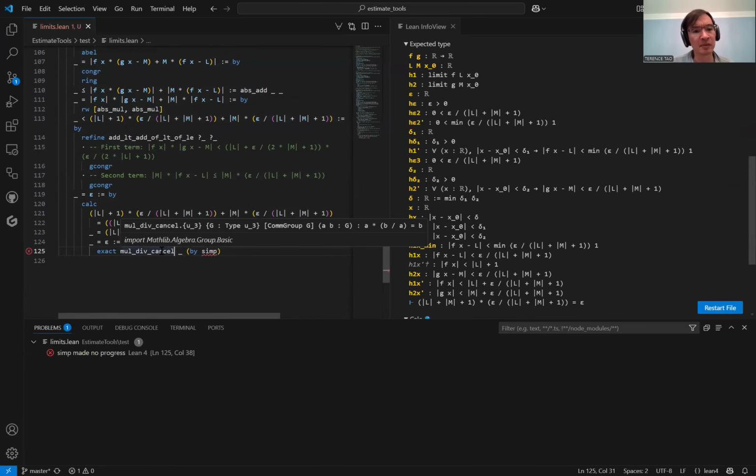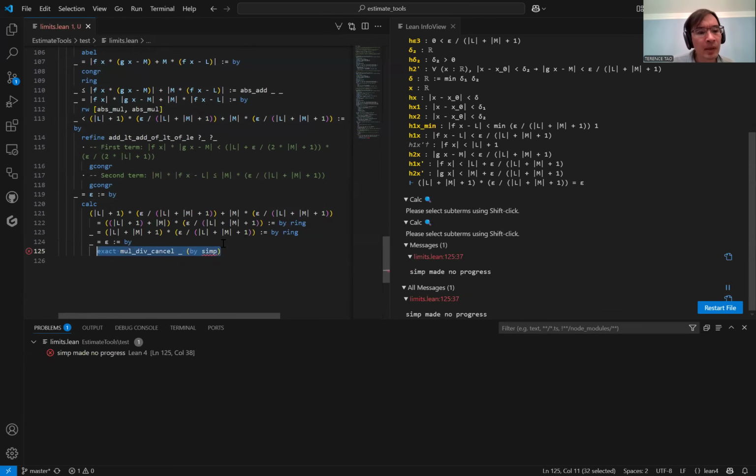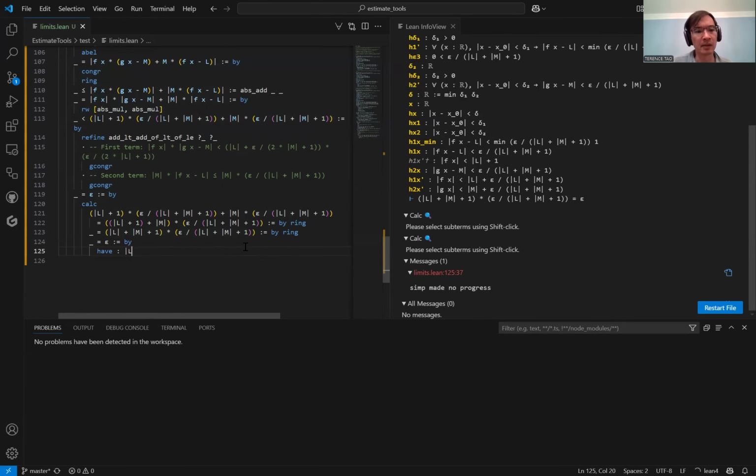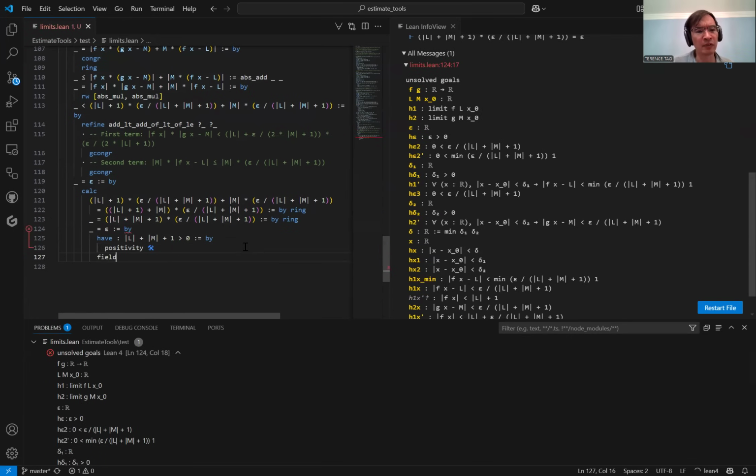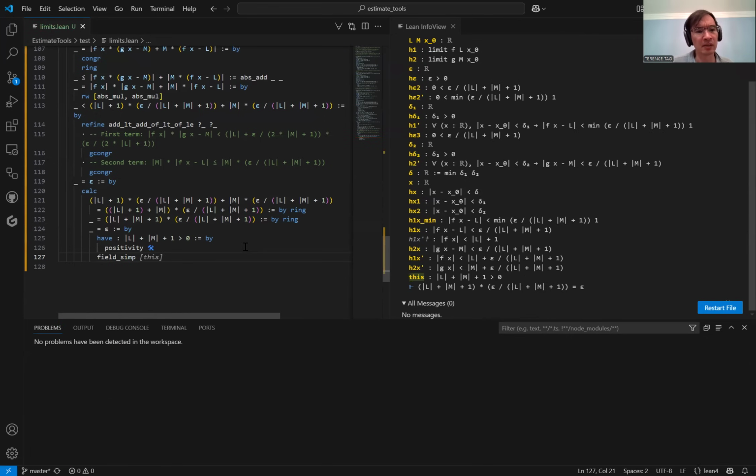There's no div cancel. Oh no, that's not quite right. I bet what's holding it back is that it doesn't know that L plus M plus 1 is not 0. Let's see. Yeah, if I make it positive, then this should work actually.